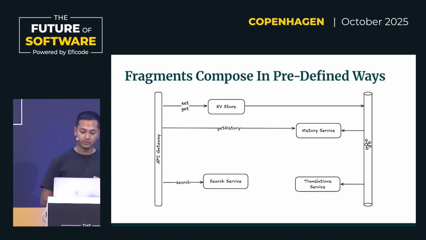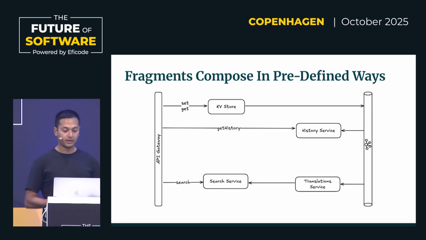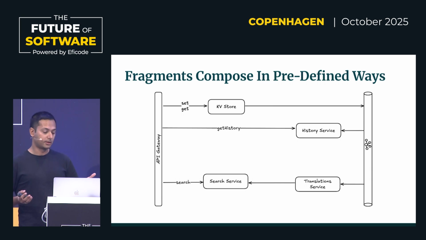This is what microservices bring to the table: different concerns without being coupled. Whenever the translations are completed, they can be inserted into the search index. Therefore, the key value store, whose goal was to be extremely fast, is not getting slowed down by the history service or the translation service.